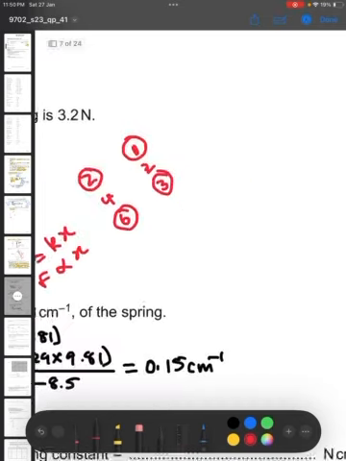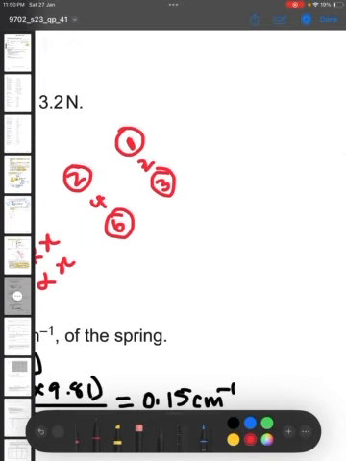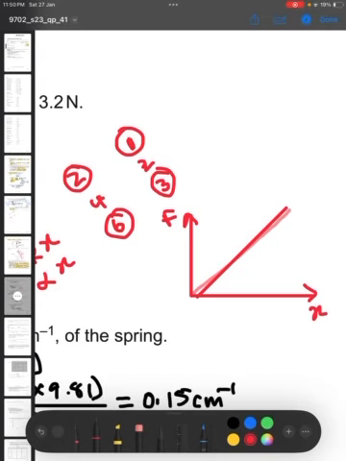What I mean is this: if I were to draw a graph of force against extension, that graph will be a graph passing through the origin. Sorry, this does not pass through the origin. Let me leave it like that.